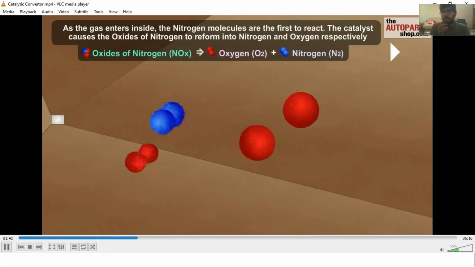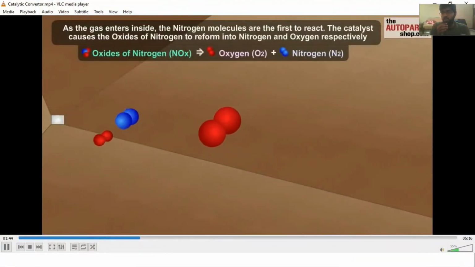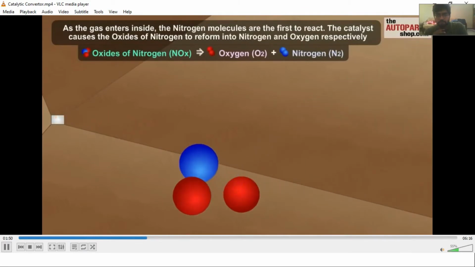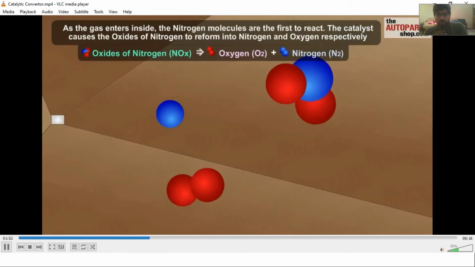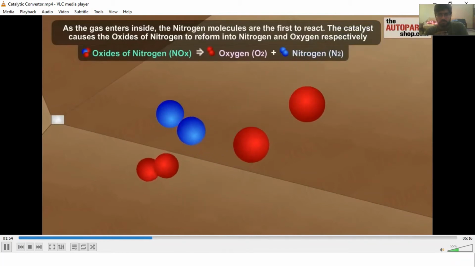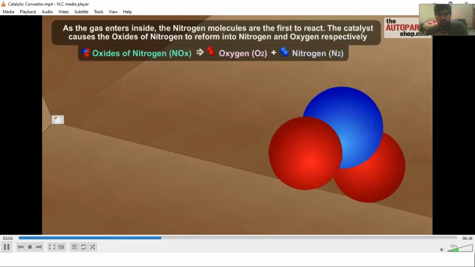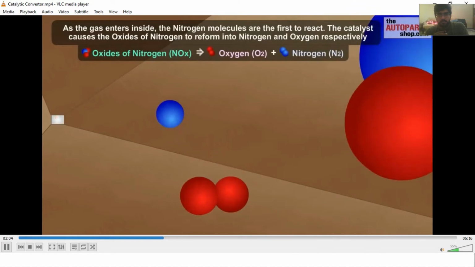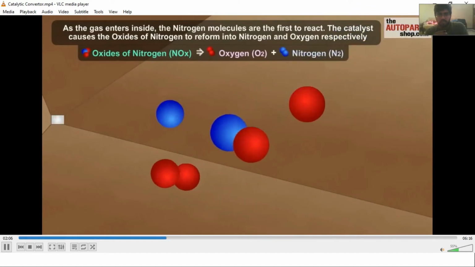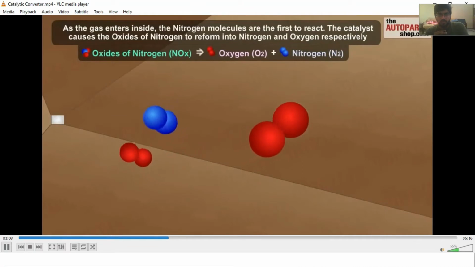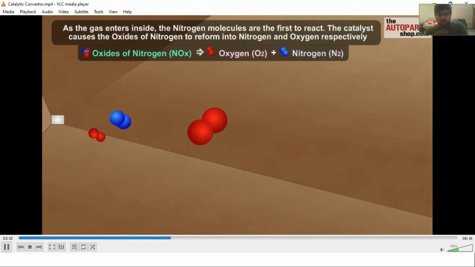And again, these oxygen and nitrogen molecules are not harmful. This nitrogen dioxide molecule comes here, and nitrogen and oxygen are being produced.